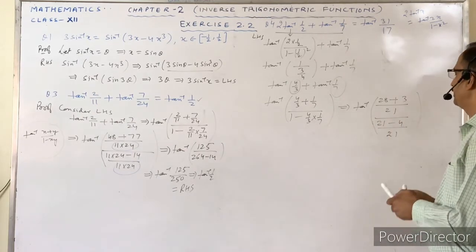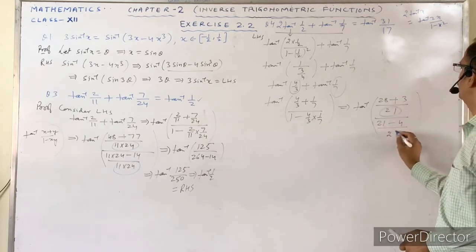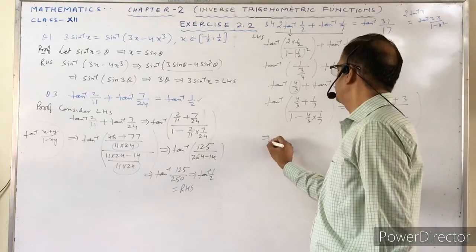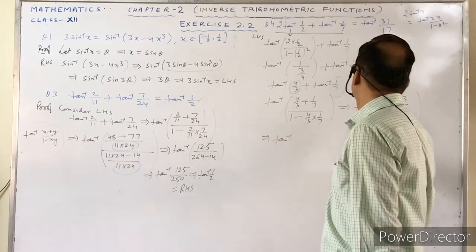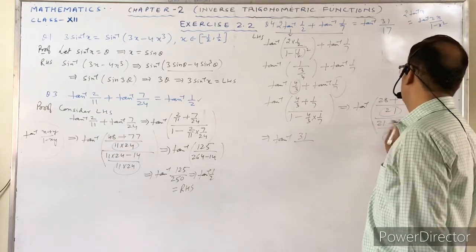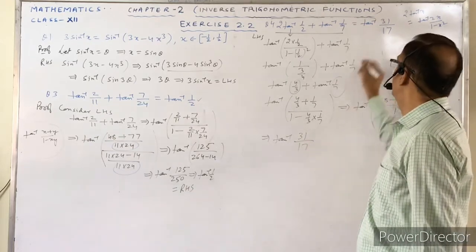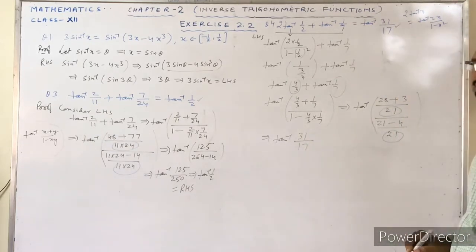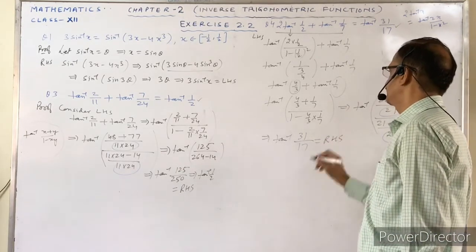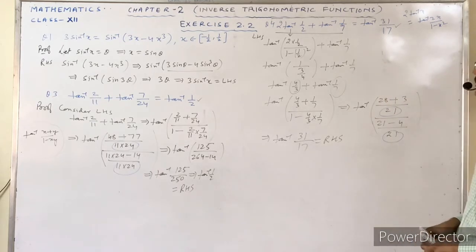Again the denominators are cancelled out, and we will get the numerators only, and the result is tan inverse of 28 plus 3 is 31, and 21 minus 4 is 17, and this is the result that we need. So this is equal to the RHS. In this way, this is proved.